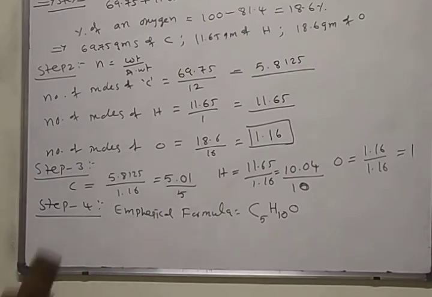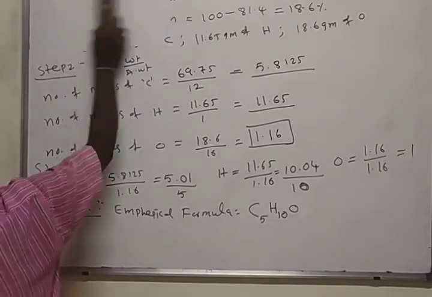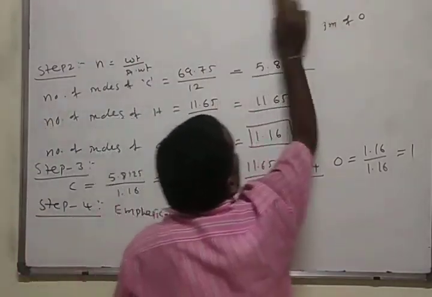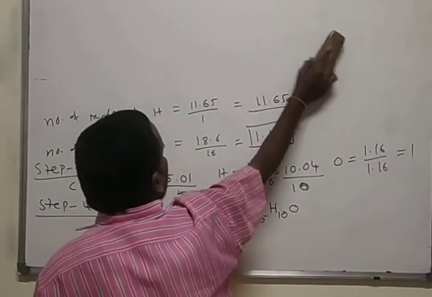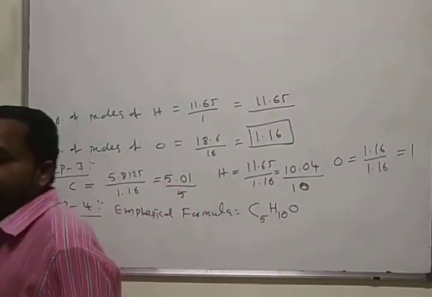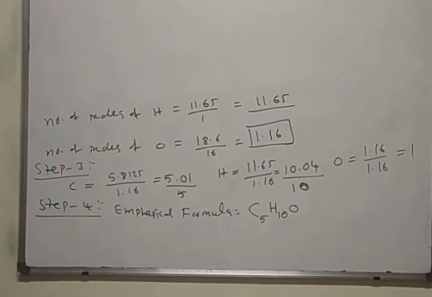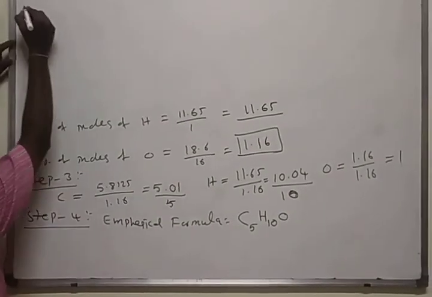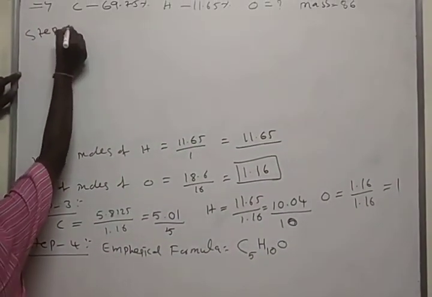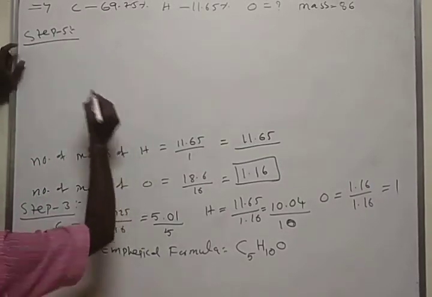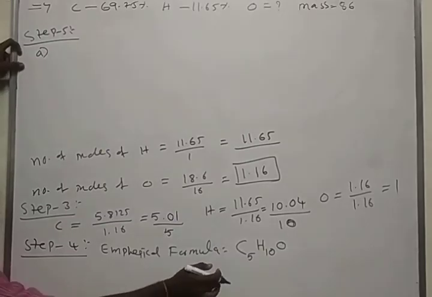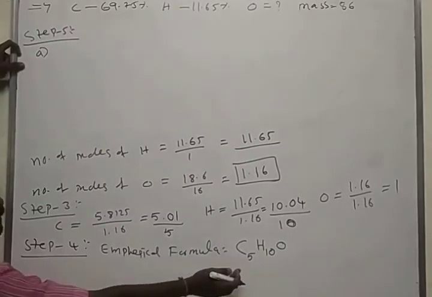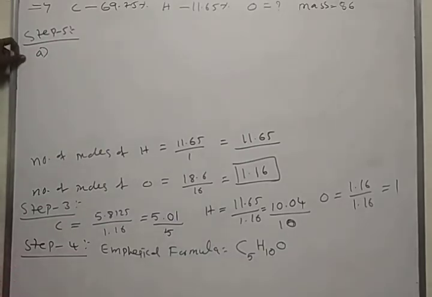Next, the 5th step: write the molecular formula. Here we have 3 steps. Step A: calculate the molecular weight of the empirical formula.